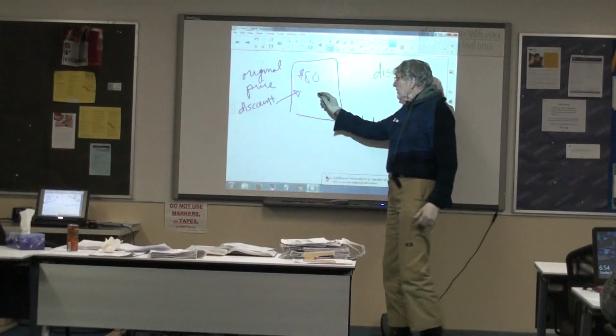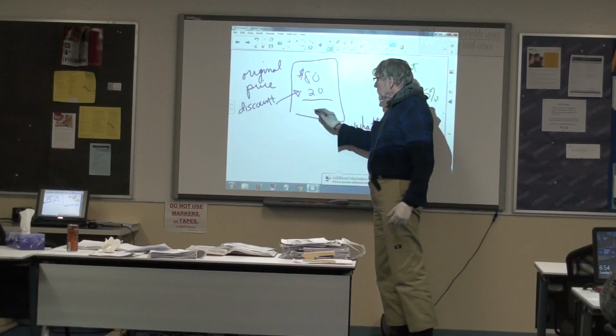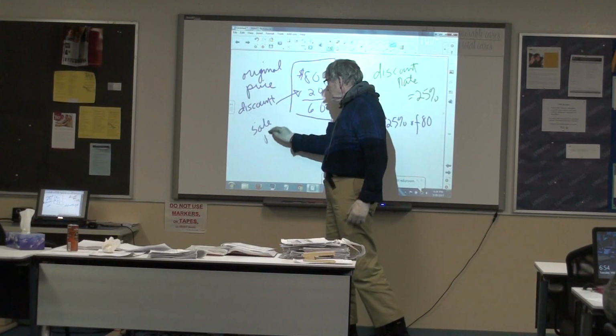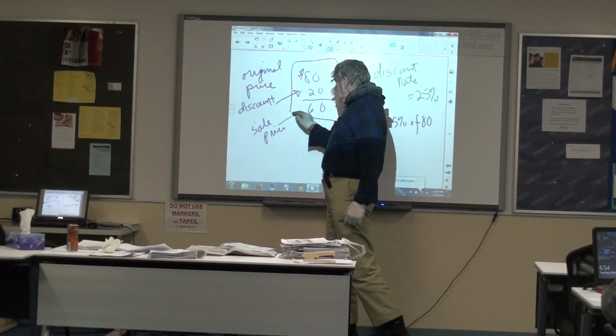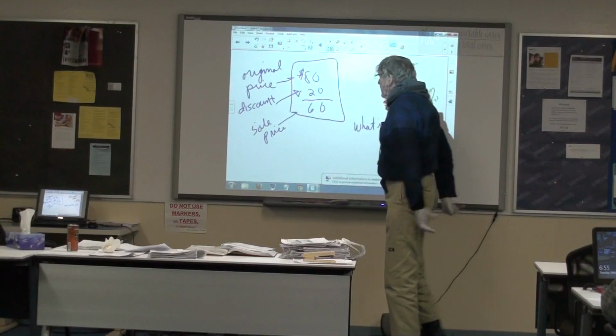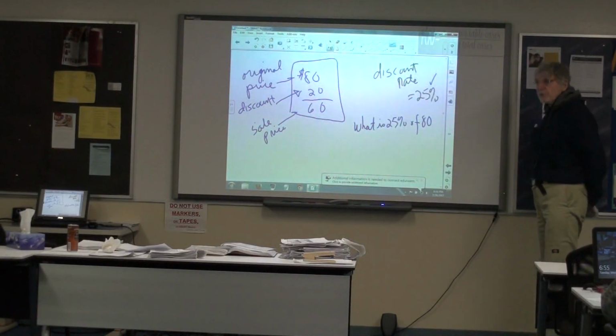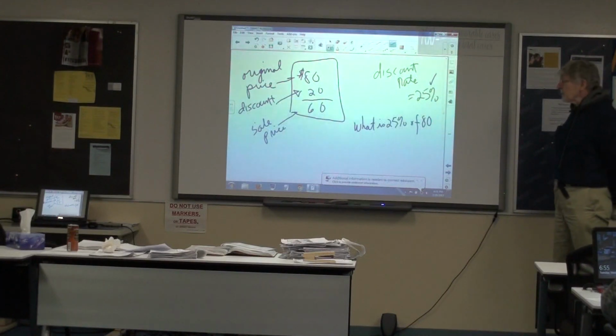So the amount of discount is 20. So the sale price is 60. So you see how these work. You have an original price, a discount rate, which is a percent, producing a discount amount, which is in dollars, and the subtraction gives you the sale price. So this is the nomenclature or terminology.